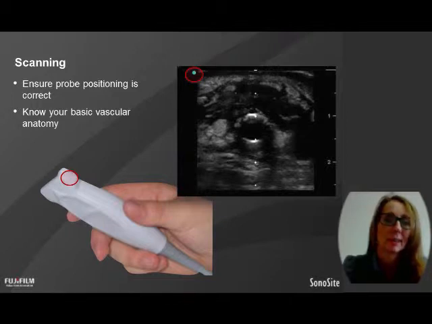So just get familiar, and that way you'll get your brain set up to understand which way's which. Know your basic vascular anatomy when you're scanning. Don't forget that's a really important tool, that you know where your radial artery is and where your brachial artery is. This will help you have a bit more information when you're trying to work out what vessels you're looking at.